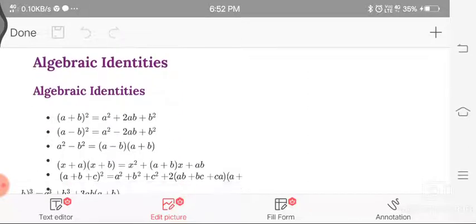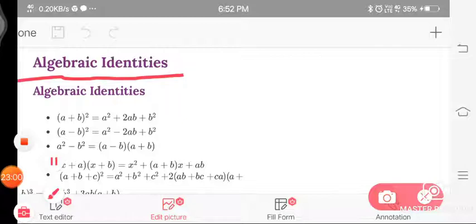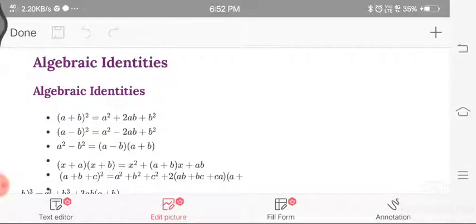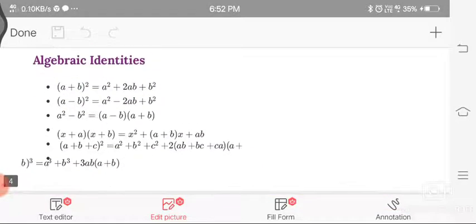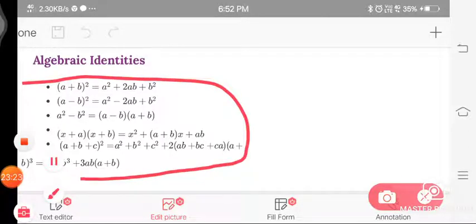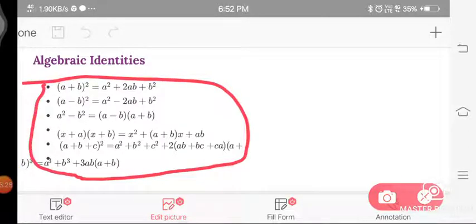Now we talk about algebraic identities. What are algebraic identities? There are some algebraic identities like (a plus b) whole square is equal to a square plus 2ab plus b square. These are all algebraic identities which can help us to factorize some polynomials.